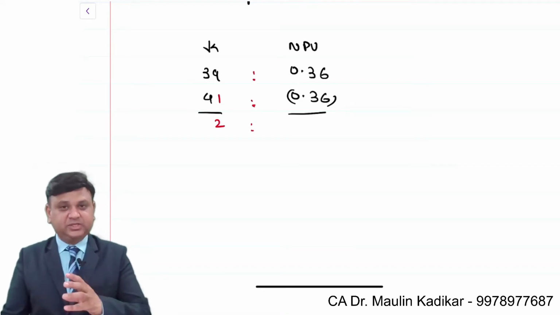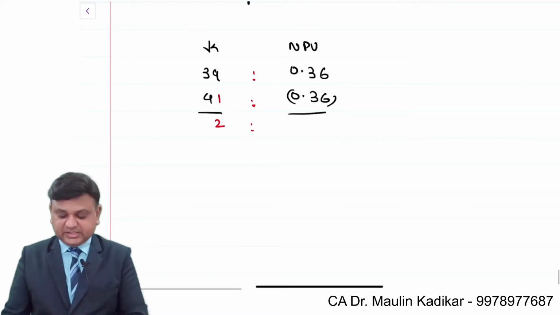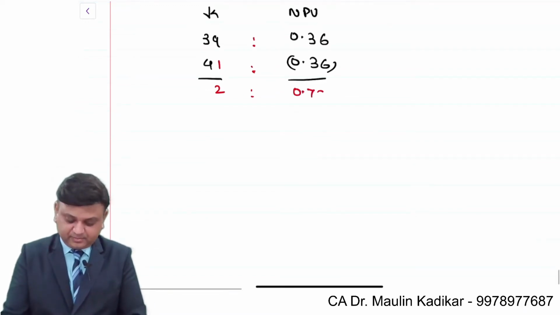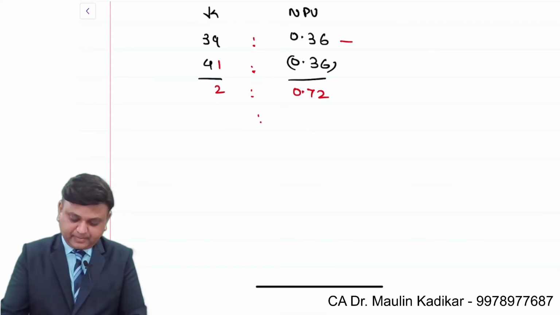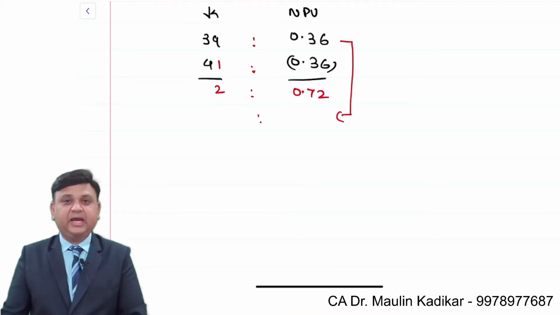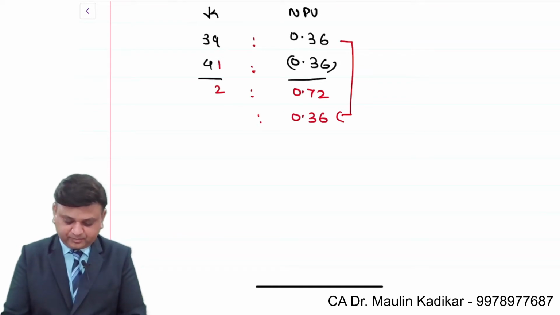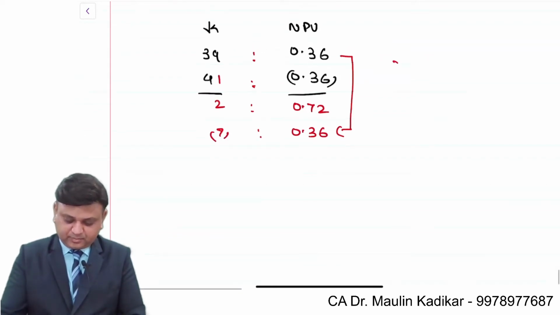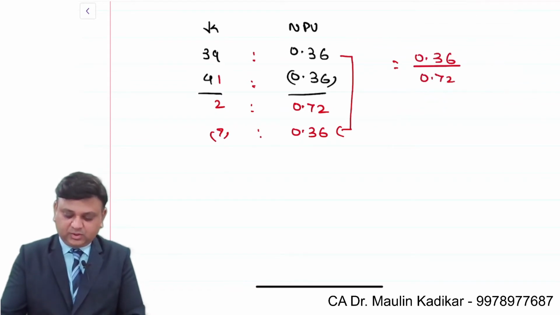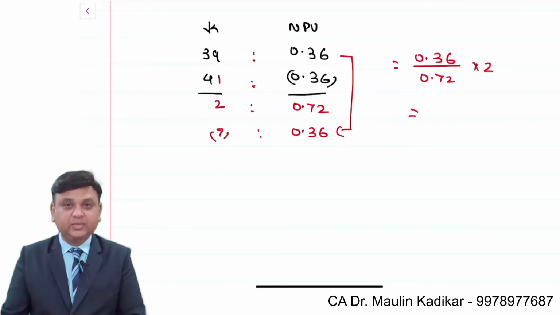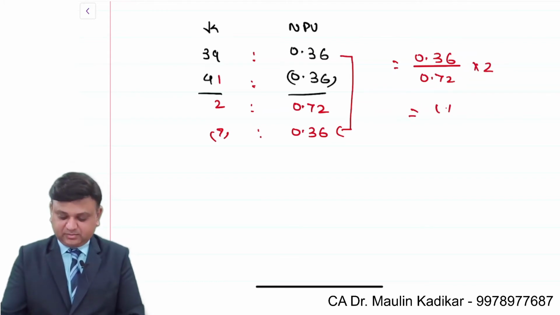The difference of 36 positive and 36 negative is 72 paise. I am taking the lower cost of capital as a base. So 0.36 divided by 0.72 into 2. So the answer is 1%.